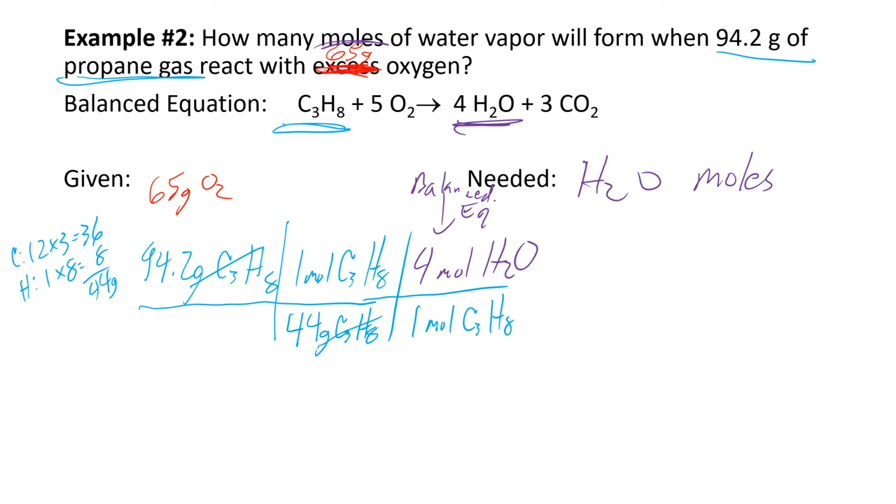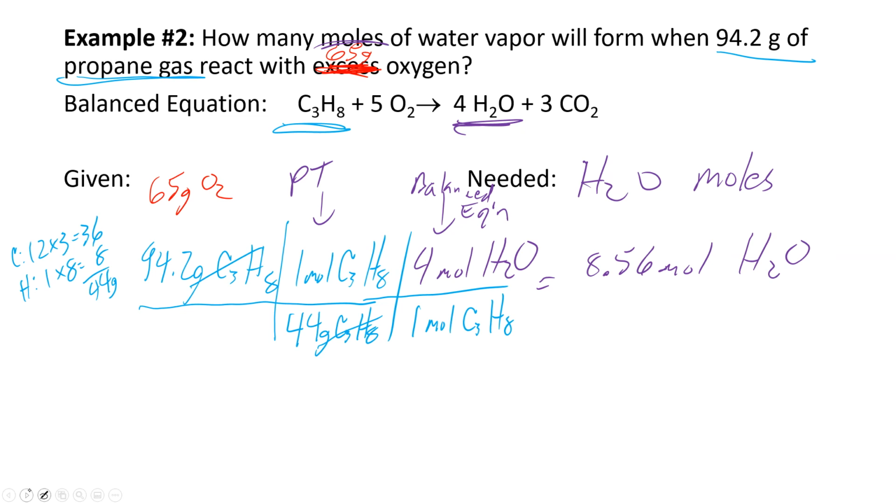As we talked about before, you better use that every time, and this came from the periodic table. So now we got 94.2 times 4 divided by 44, which gives us 8.56. So this provides us with 8.56 moles of water, which is great.